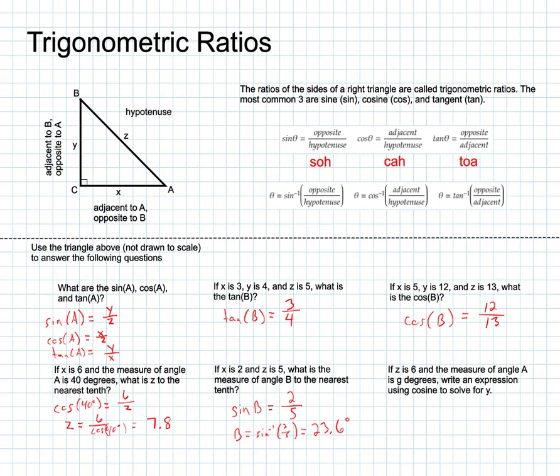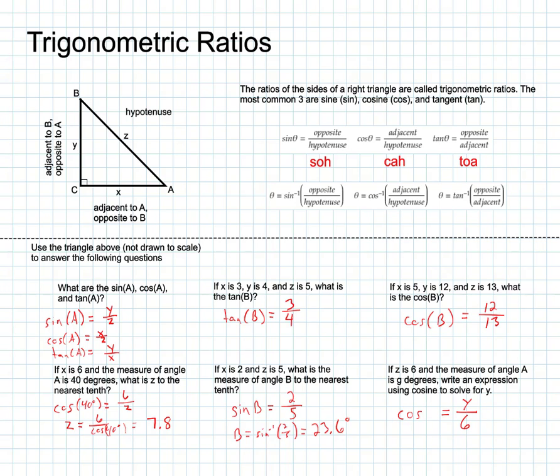So using cosine, that means we need to have the cosine of an angle measure is equal to adjacent over hypotenuse. So adjacent, we have to assume is y, because we want to solve for y, over the hypotenuse, which is 6.